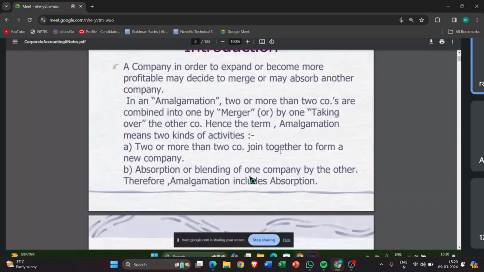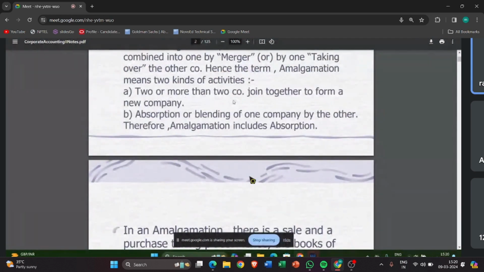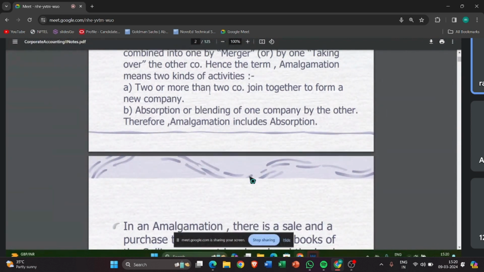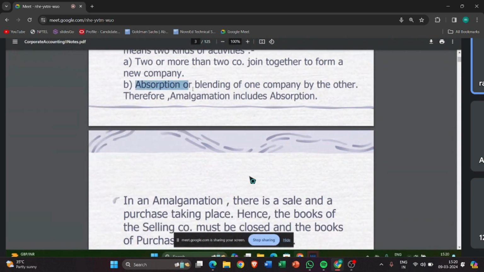If I give you this example of A and B, two or more companies joined together to form a new company is your merger, whereas absorption or purchase is wherein one company is blended by the other, wherein company A Limited blends into or joins B Limited. So it is called absorption or amalgamation in the nature of purchase, right?